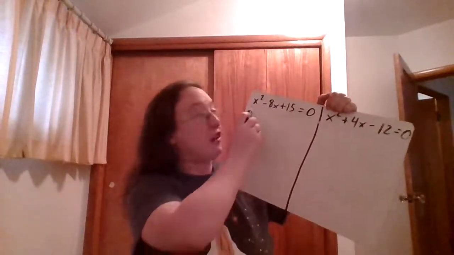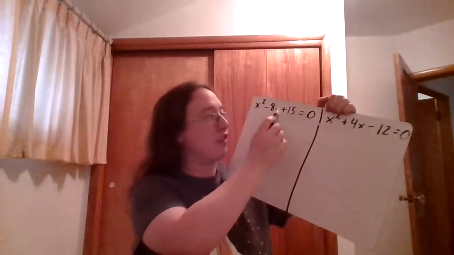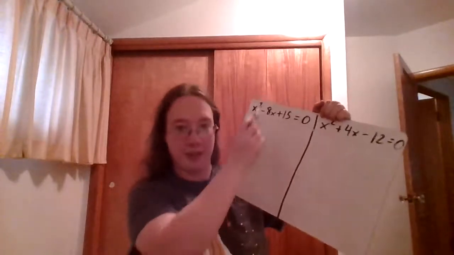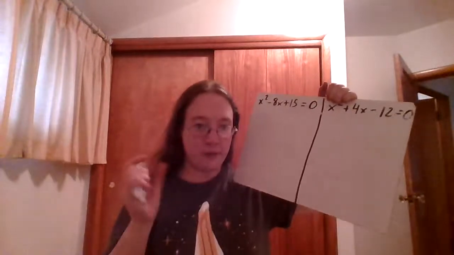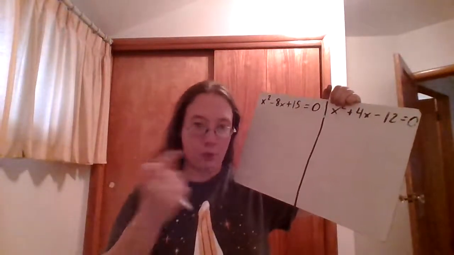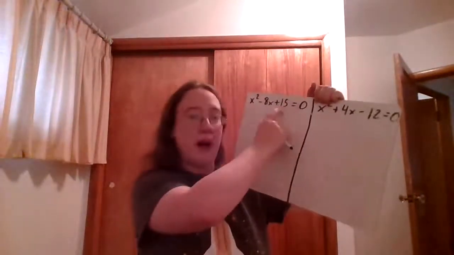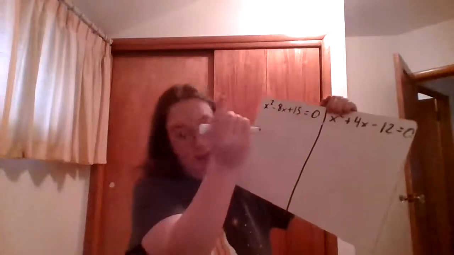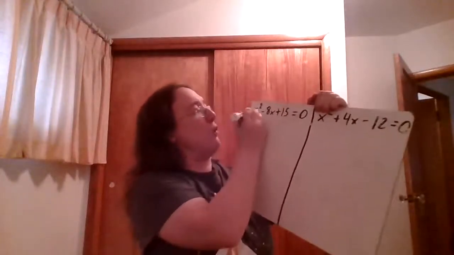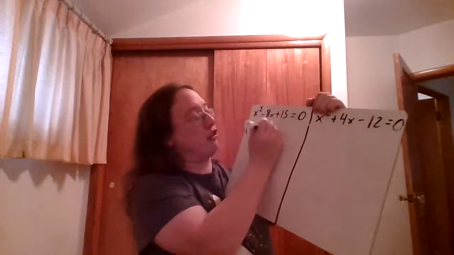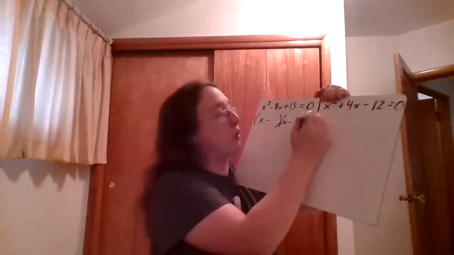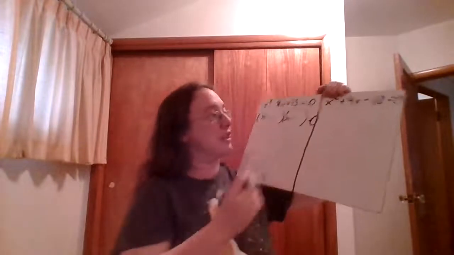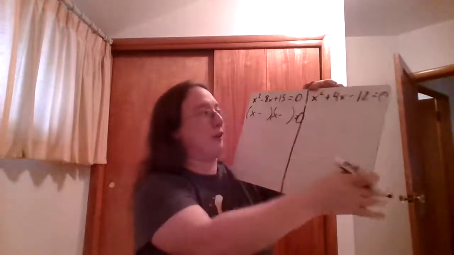So if I've got an x squared minus an 8x plus a 15, so if I have a minus and then a plus, again, both my factors are going to be negative, or they're going to be minus, because we want two negatives to multiply to a positive, and if we add them, it's still going to be negative. So we know we want an x minus something and an x minus something, and this 0 is just going to hang out over here for the moment.